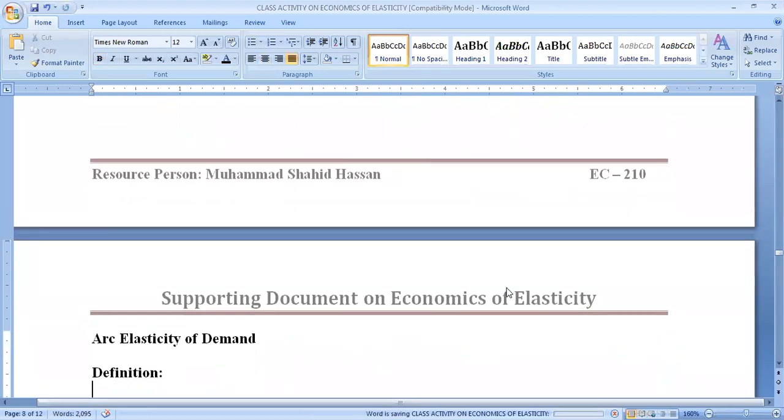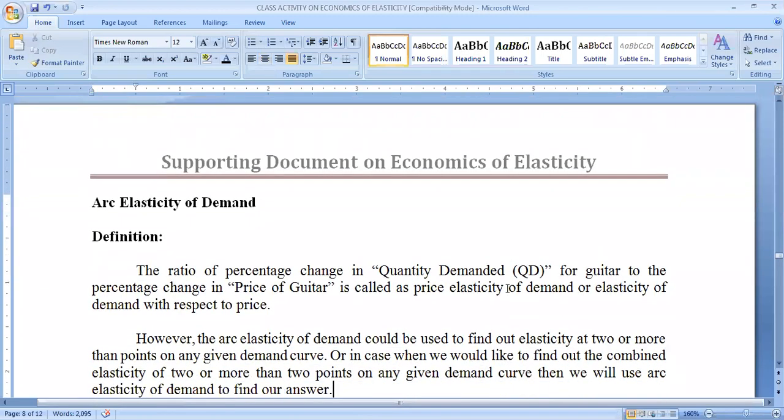I've already explained what arc elasticity is. Now let's understand the definition of arc elasticity of demand. The ratio of percentage change in quantity demanded for guitar to the percentage change in price of guitar is called price elasticity of demand. It is similar to what we have understood about elasticity of demand, right? Until here, there is no concept of arc added, so it is a simple definition.